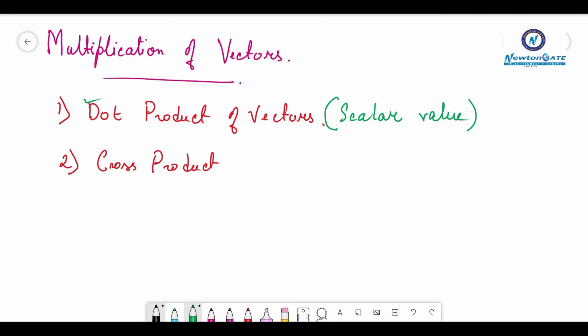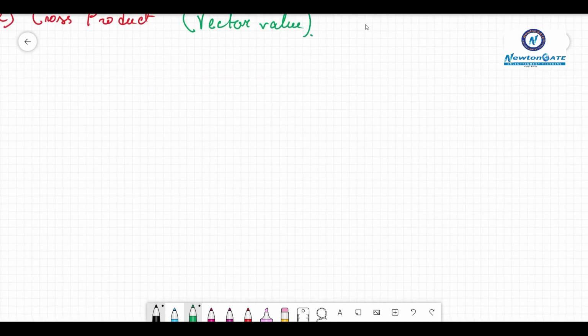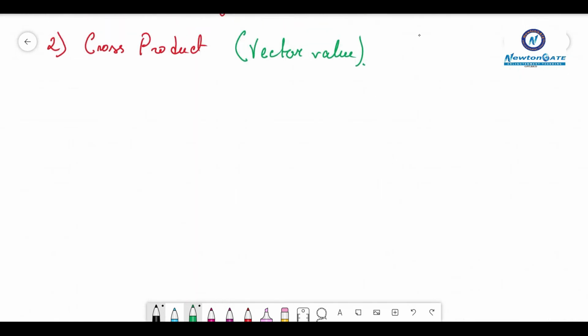That is when it is called a dot product. And it is called a cross product when the value I get is also a vector. We will now get into the details of it. Let's start with the first one, that is the scalar or dot product.